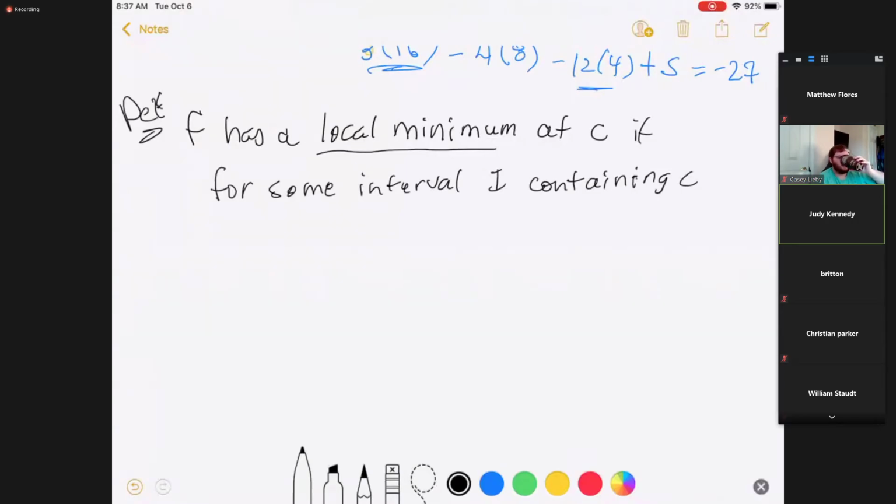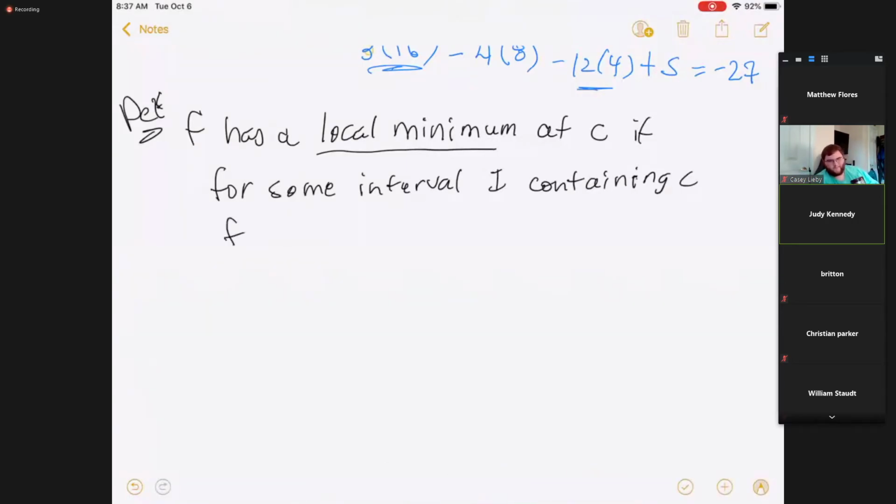For some interval containing C, F of C is less than or equal to F of X for each X in I. So it doesn't have to be the smallest F value over the whole domain, just over some interval.